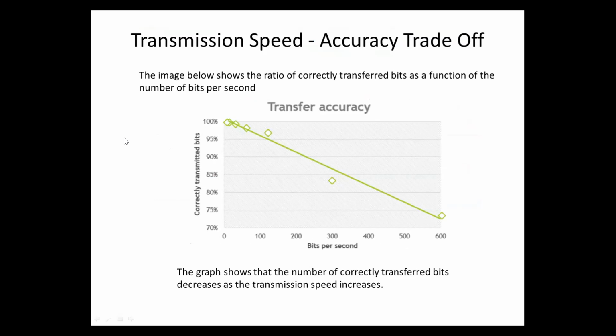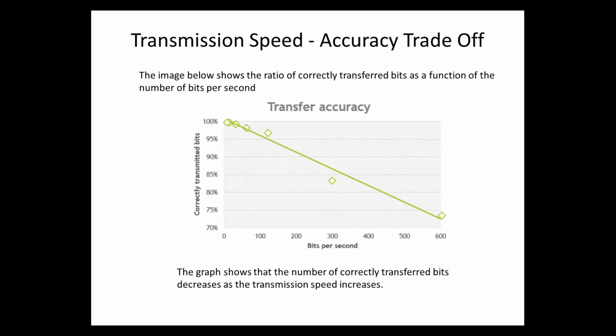Another concept is the trade-off between transmission speed and accuracy. And in engineering, an awful lot of time is spent evaluating trade-offs, because Mother Nature doesn't give you anything for free. So you're constantly looking at, well, what do I get? What do I have to give up in order to get something else? And let's say, for example, you want to be able to transmit a lot of data very accurately.